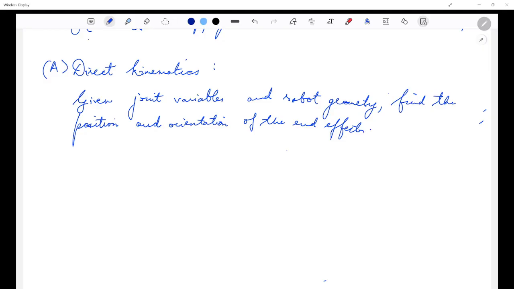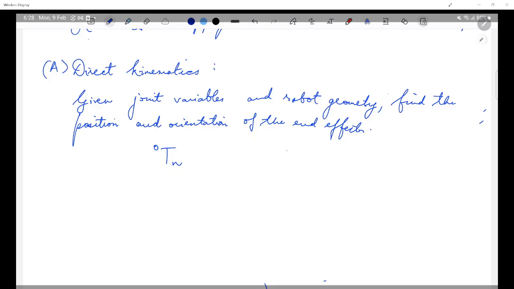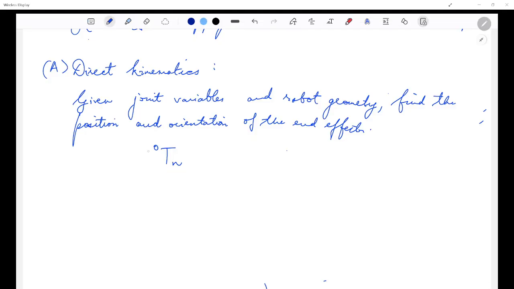Okay, so mathematically what can we write? We want to know where the nth link is positioned or oriented, how it is transformed with respect to the base, which is 0. It is a function of theta 1, theta 2, and so on till theta n.